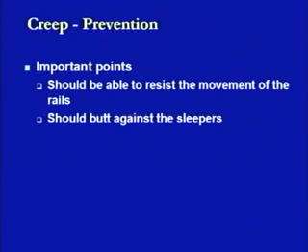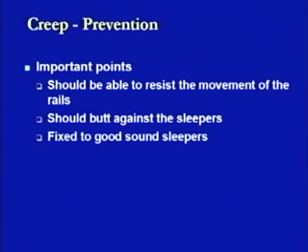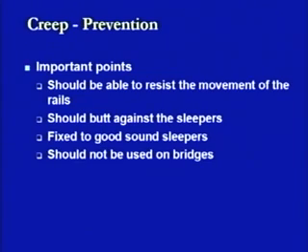As I have told, if they are not butting against the sleepers and they are not touching the rail sections, then the load will not be transferred, and therefore the resistance will not be improved. And then they should be fixed to good sound sleepers. That means the sleepers have to be checked for what category of sleepers are being provided, and they should not be used on bridges.